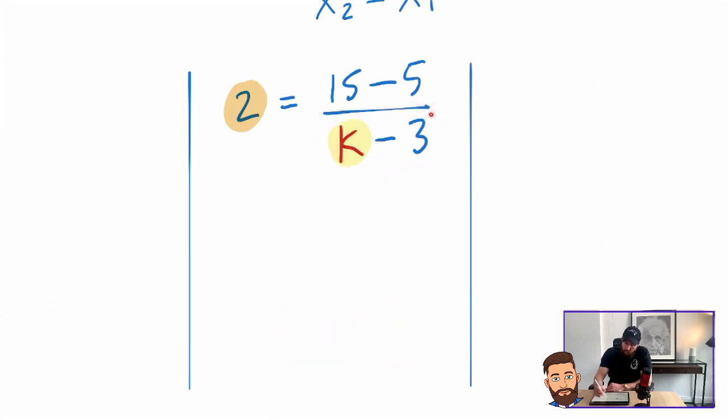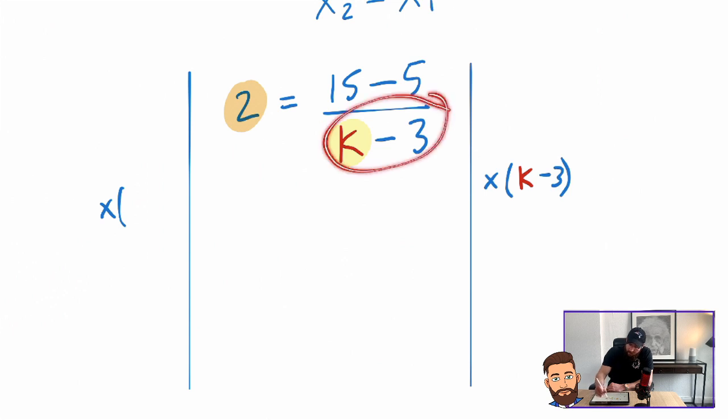So the first thing we're going to do is take this bottom and we're going to times it up, because we do the opposite. What's the opposite of divide by k minus 3? The opposite of divide by k minus 3 is to times by k minus 3. So I'm going to times both sides by the denominator k minus 3. And I'm going to put it in a bracket. Why am I putting it in a bracket? Because there is more than one thing in the denominator.